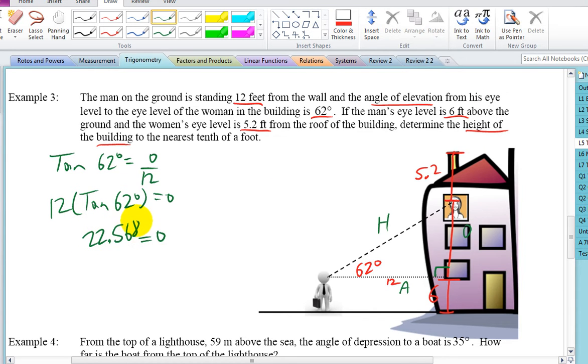Notice how I keep lots of decimals, because my final answer is to one decimal, so I want to keep lots. So then for the height, it's 5.2 plus 22.568 plus the bottom 6 feet.